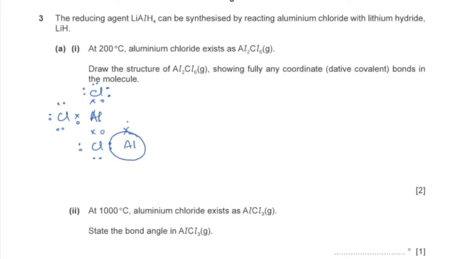Now this electron of aluminium will be shared with another chlorine atom that has 3 lone pairs of electrons. Now this pair of electrons of this chlorine atom will be shared with this aluminium atom, and this is how dative bonding forms, while the other chlorine atoms will have their lone pairs not being shared.